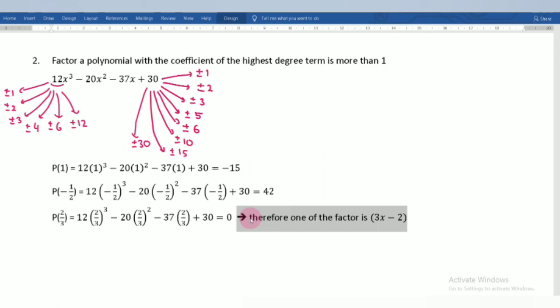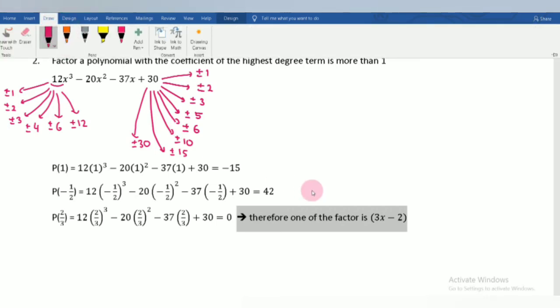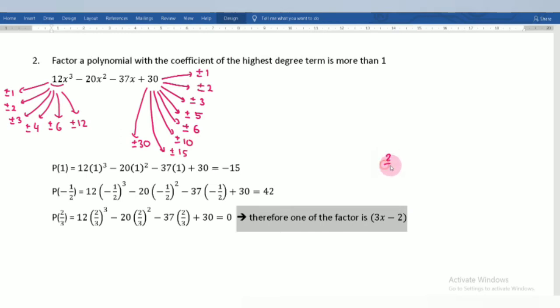So how do you find 3x minus 2? Let me show you how to do it easily. Because 2/3 is a zero, the factor is x minus 2/3, right? And since we want to get rid of the fraction, I multiply all by 3. So I have 3x minus 2. So that's how you do it.